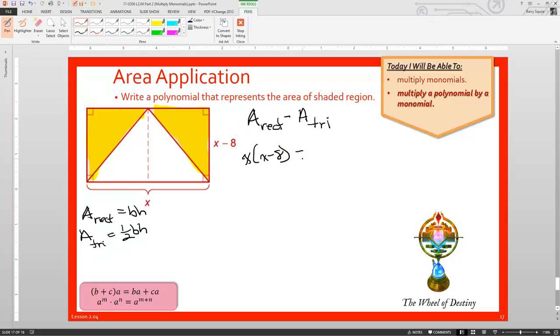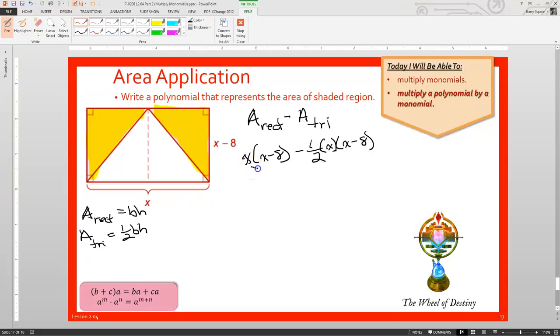Then the area of our triangle is 1/2 times the base times the height. So this isn't too bad, actually, because once we have x times x minus 8, we use it twice, so we don't really have to figure it out twice.